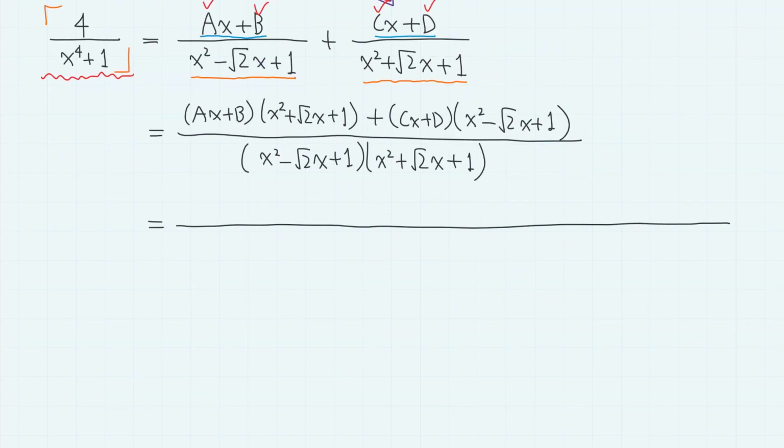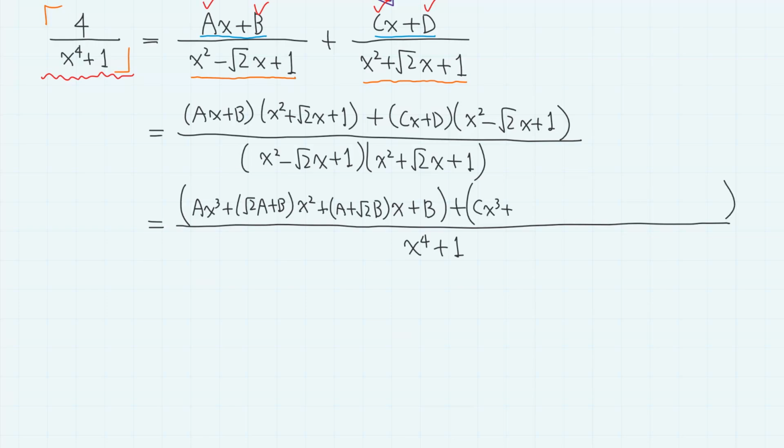And here the denominator is equal to x to the power of 4 plus 1, and as for the numerator, the first part gives a x cubed plus (square root of 2 a plus b) x squared plus (a plus square root of 2 b) x plus b. And as for the second part, we have c x cubed plus (minus square root of 2 c plus d) x squared plus (c minus square root of 2 d) x plus d.